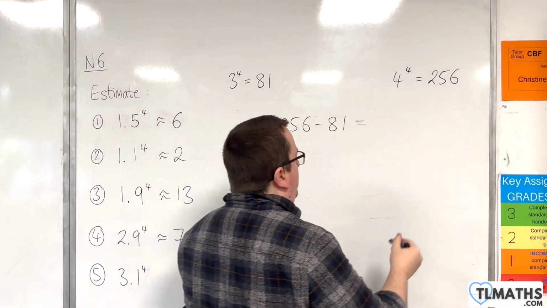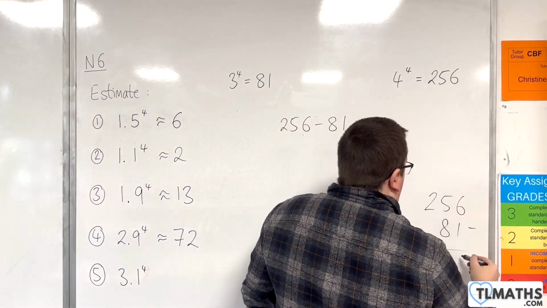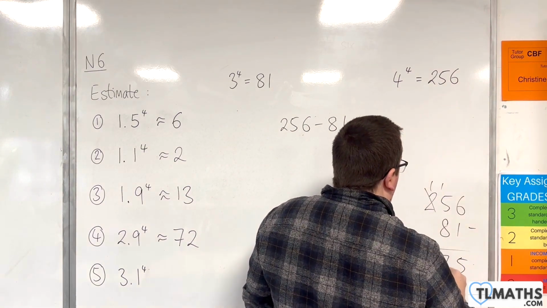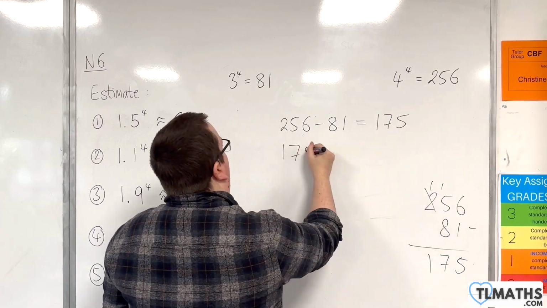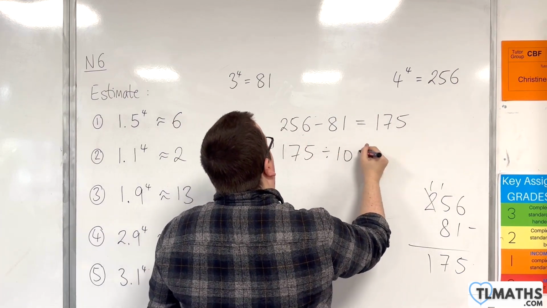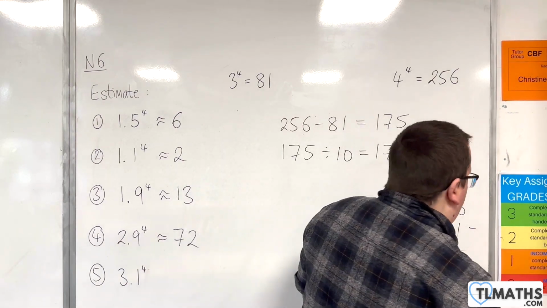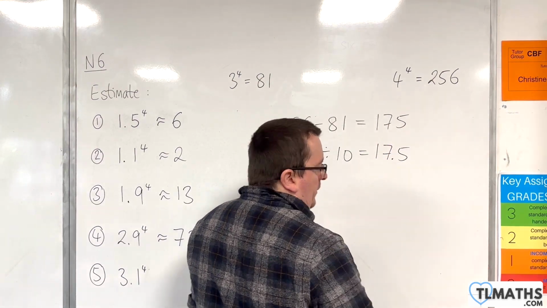Okay, 256 take away 81. I'll quickly do that on the side. Okay, so what did we get? 175. 175 divided by 10 is 17.5. So we could probably round that up to 20.